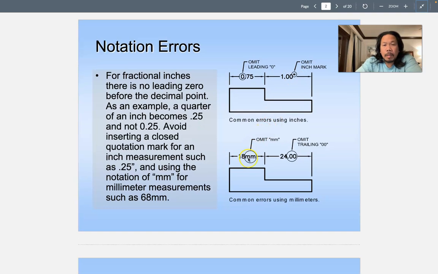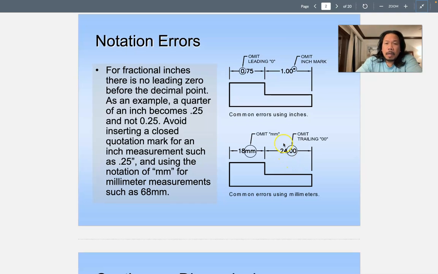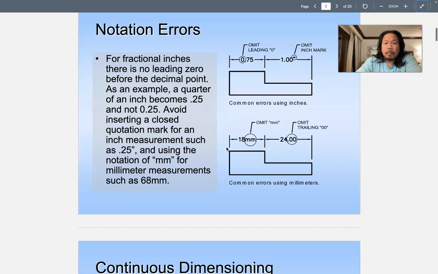And then for millimeters, same thing, omit mm, which is millimeters, and then omit any trailing zeros with millimeters. So instead of putting 24.00, it just says 24. And that's how you differentiate millimeters from inches. But also normally in blueprints, they would say if it's in inches or if it's in millimeters. But you just need to know that you shouldn't be writing any units.